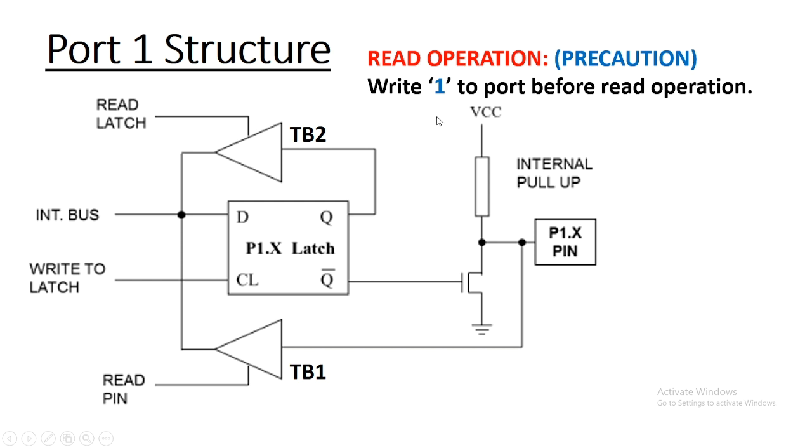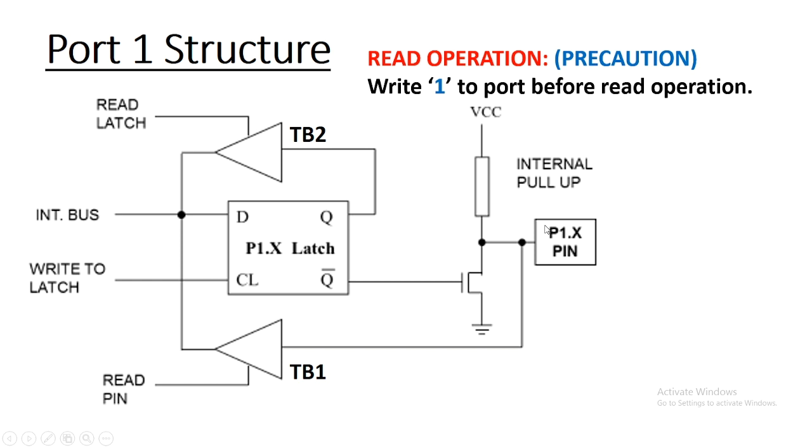Precautions we have to take. We know the port can be configured as an input port or output port. Input is basically used for reading data from the port. Some devices connected on that port pin are sending data, and the microcontroller is supposed to read that data from the pin.